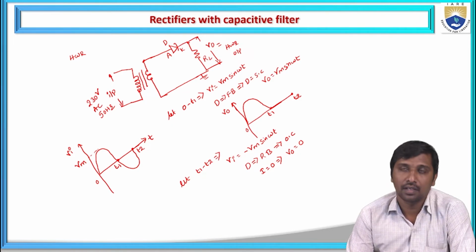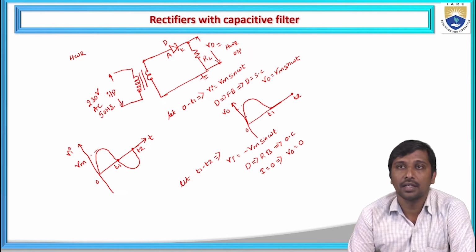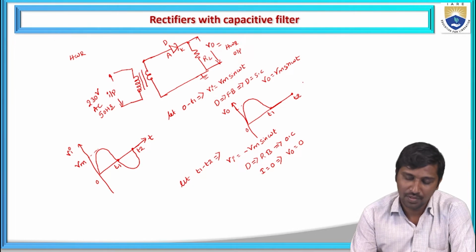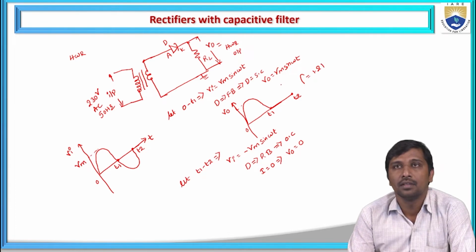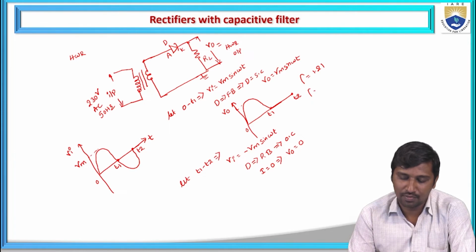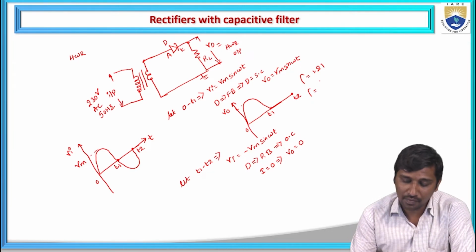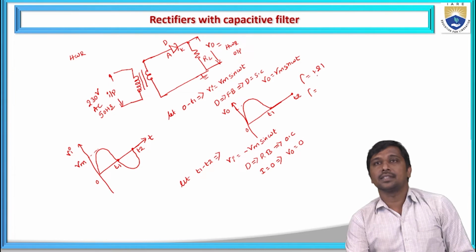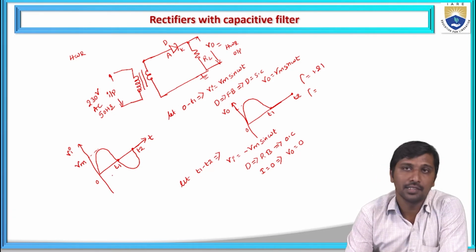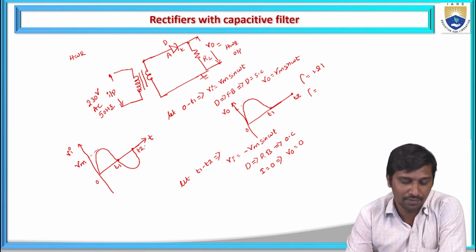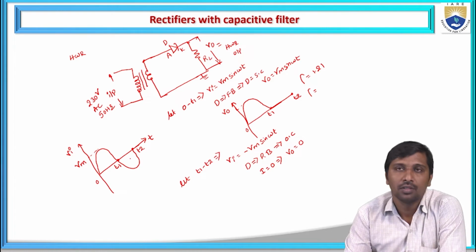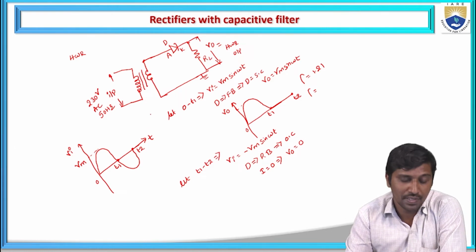Based on that, it contains some magnitude, and it also contains ripples. From that, we identify the ripple factor of this half-wave rectifier as 1.21. Similarly, if you want to allow both cycles, either the 0 to T1 interval or the T1 to T2 interval, then we use the full-wave rectifier as well as the bridge rectifier.